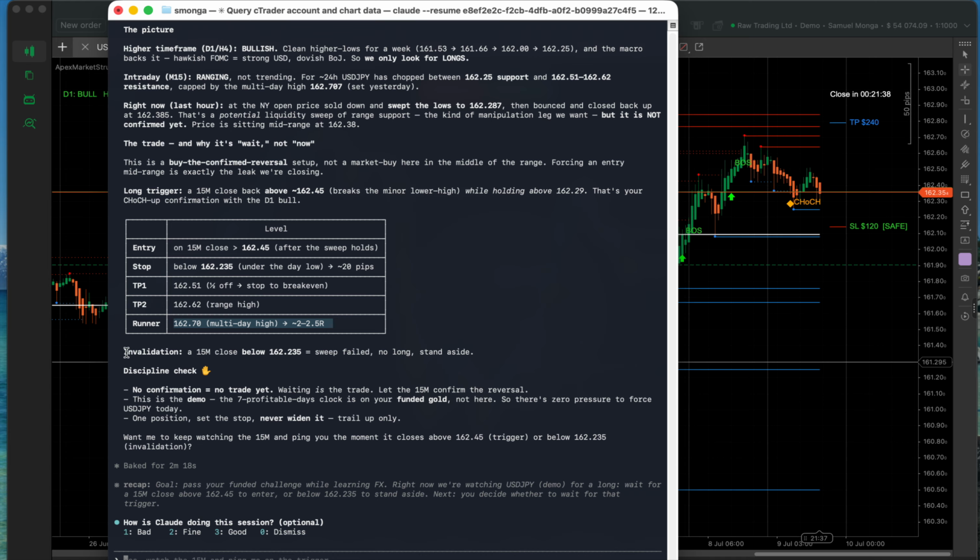But here you can see a validation: a 15 minutes close below this. Sweep failed, no long. Stand aside. Discipline check: no confirmation, no trade yet.